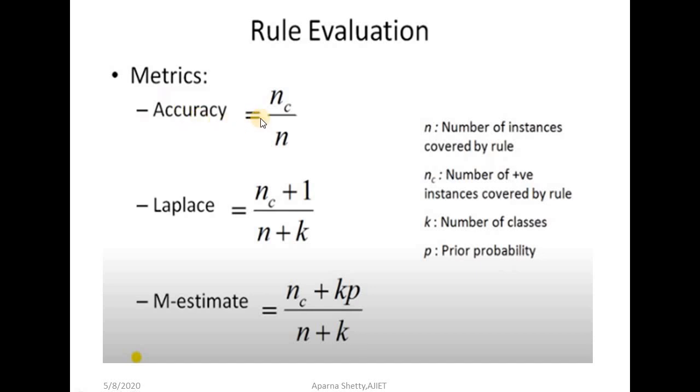Accuracy is given by the formula NC divided by N. Laplace is calculated by NC plus 1 divided by N plus K, and finally the M-estimate measure is calculated as NC plus Kp divided by N plus K, where N is the number of instances covered by the rule, NC is the number of positive instances covered by the rule, K is the number of classes, and P is the prior probability. So these are the metrics used for evaluating the rule.